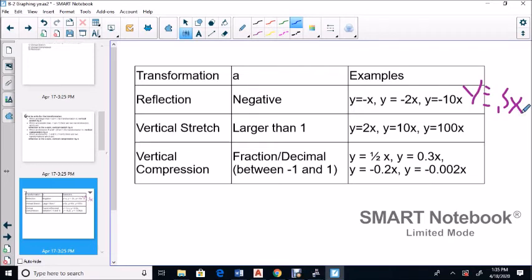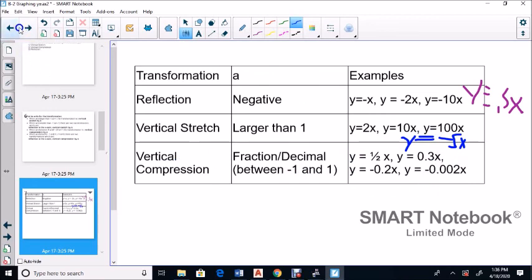So when you've got a 2, a 10, and a 100, numbers bigger than 1, it stretches. And you can also have a negative here as well. So y equals -5x squared will also stretch it. Okay. Finally, there's a vertical compression for fractions. If you have decimals or fractions between -1 and 1, you get a vertical compression.